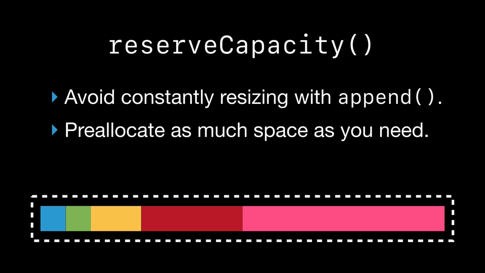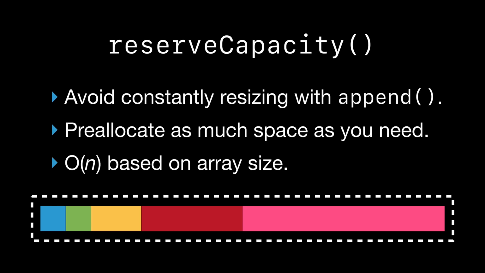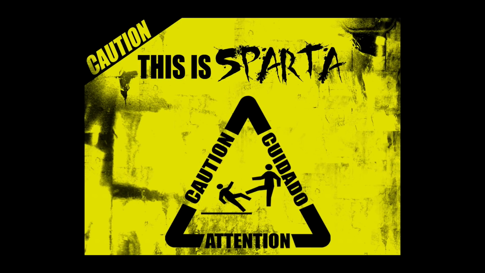And the cost of that is order n based on the array size. So if you start off with no items and call it then, you'll get maximum efficiency. But be careful. Is your array growth strategy better than Swift's? Swift uses a technique called geometric growth, which means as arrays grow, they double in size over time.